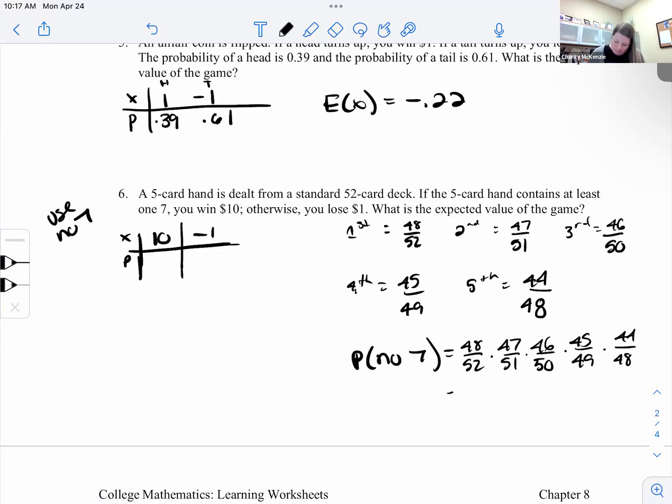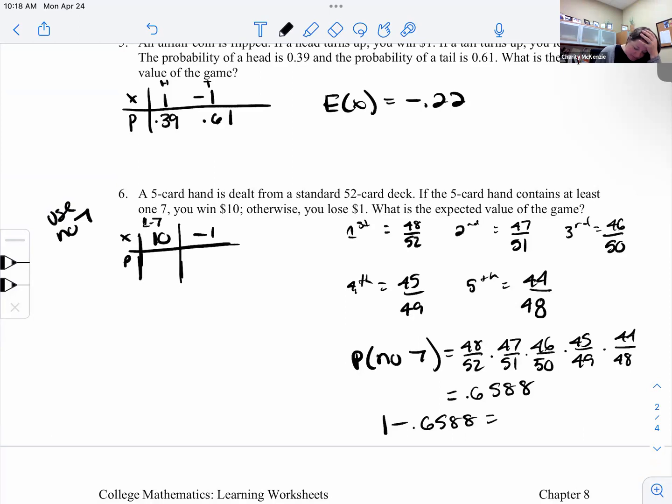Okay, I got 0.6588-ish. So we do 1 minus 0.6588 to get the probability of at least one 7.